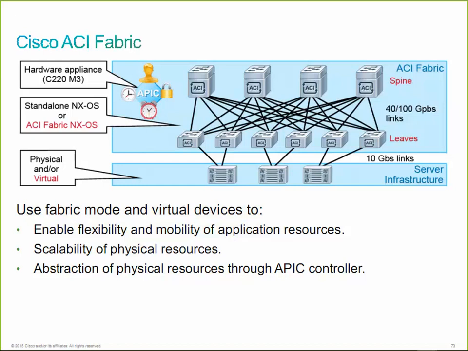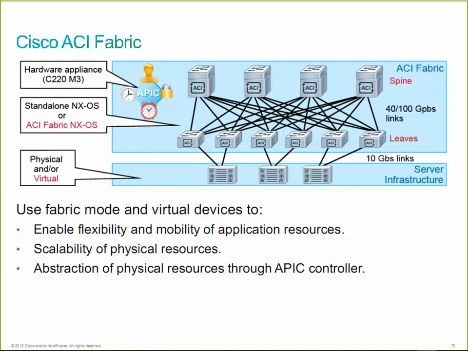So the ACI software ISO that you get from Cisco contains the APIC image, the firmware images for the specific leaf nodes, the firmware images for the spine nodes, and a default fabric infrastructure policy with all of the predefined protocols that are required for the operation of the ACI Fabric. It's almost like a plug-and-play deployment, right? It's a little bit more involved than that, but relatively speaking, it's a simple deployment option.